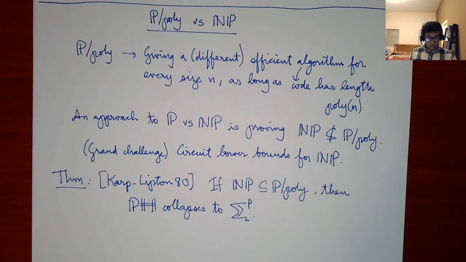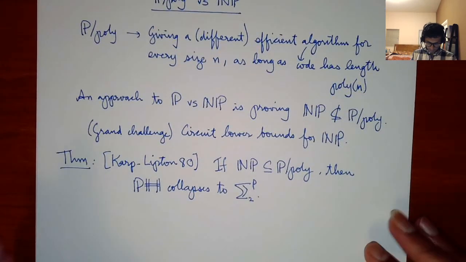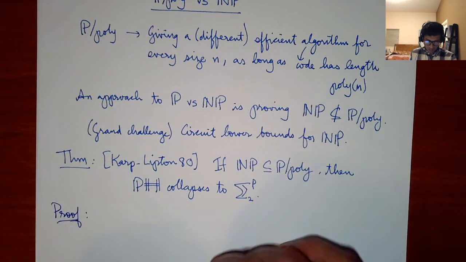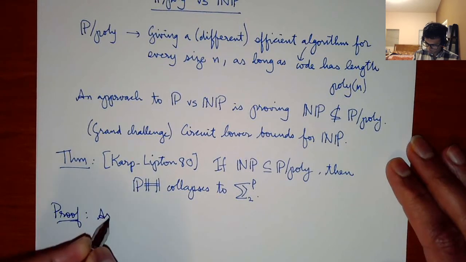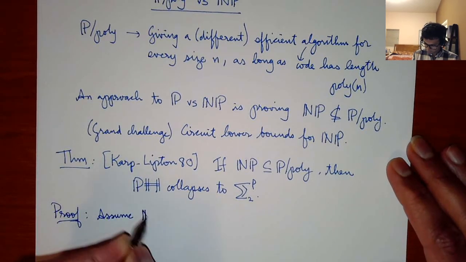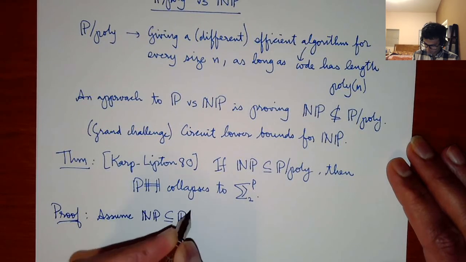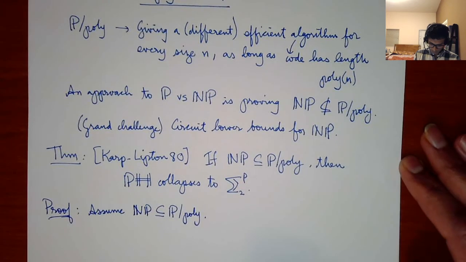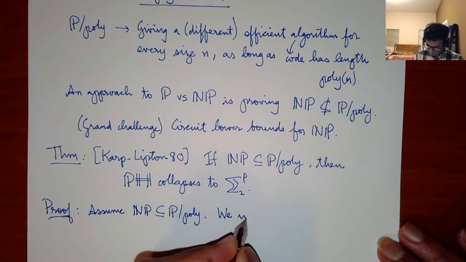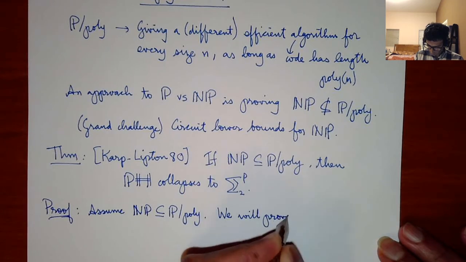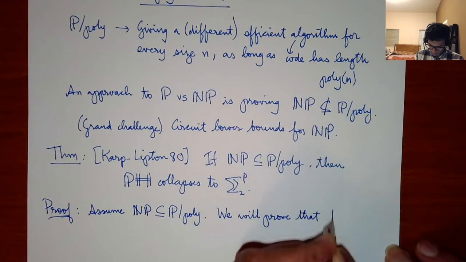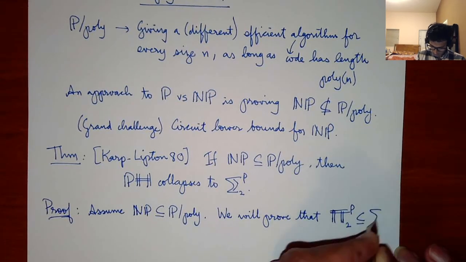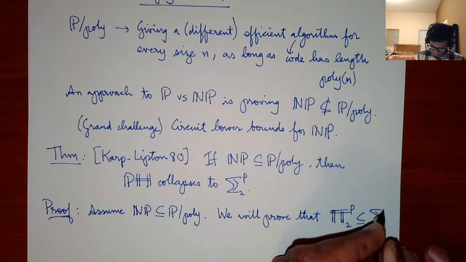So let's continue with the proof of the Karp-Lipton theorem. Let's assume that NP is a subset of P/poly. We will prove that pi2 is actually contained in sigma 2.